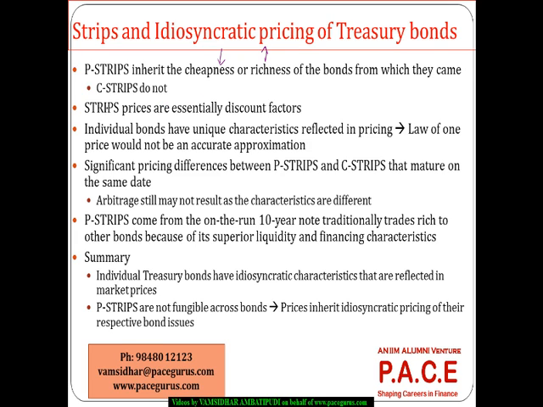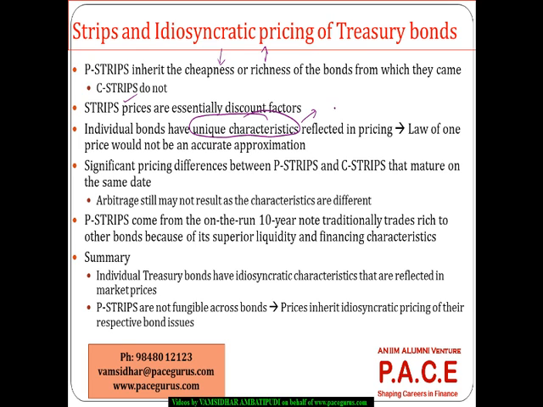And typically the definition of the strip is more similar to that of your discount factor itself, because we are talking of a zero coupon bond that is paid after a particular point in time with no intermediate payments coming up. This is why the P strips differ, because of their unique characteristics.